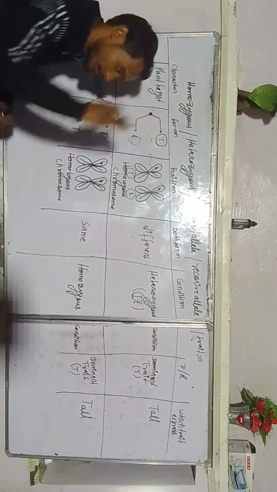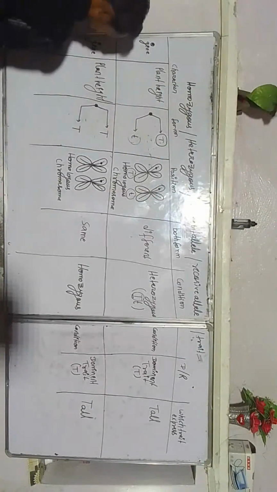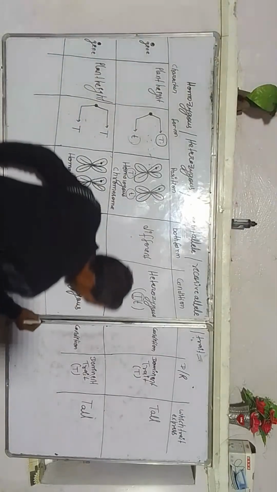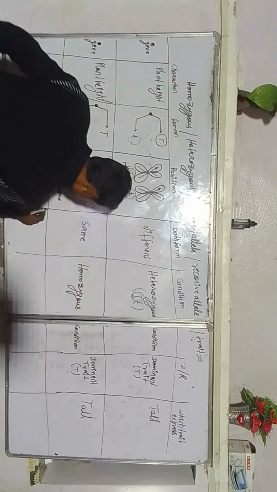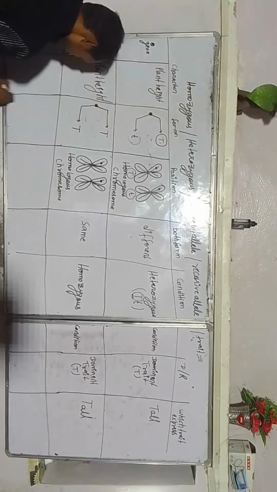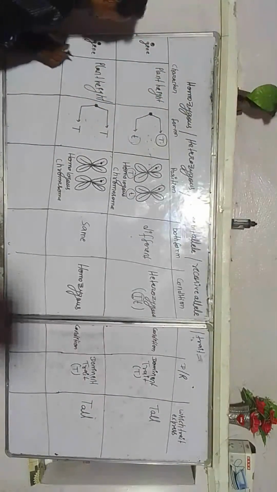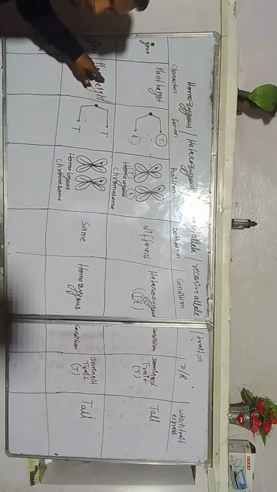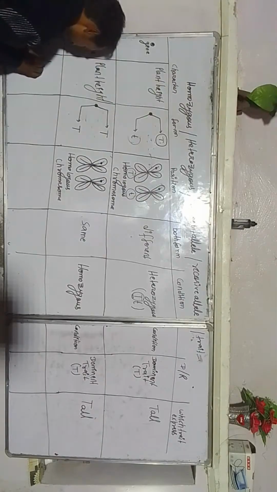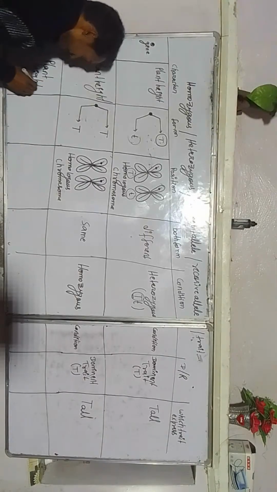We take another example. We have one gene, and this gene controls a particular character in a plant, plant height.